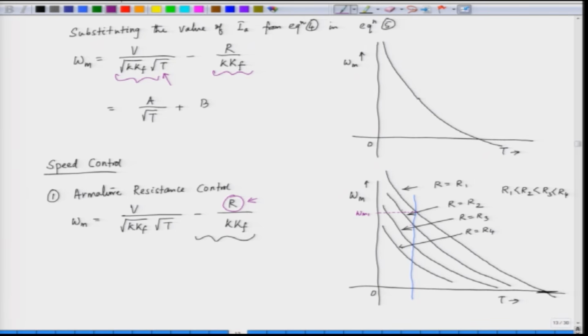Then for the second characteristic of the motor, when r equal to r 2, we have got omega m 2. Then we have for the third characteristic omega m 3. For the fourth one, we have omega m 4, and this is how we get the speed control. Speed is changing as we are changing the resistance.